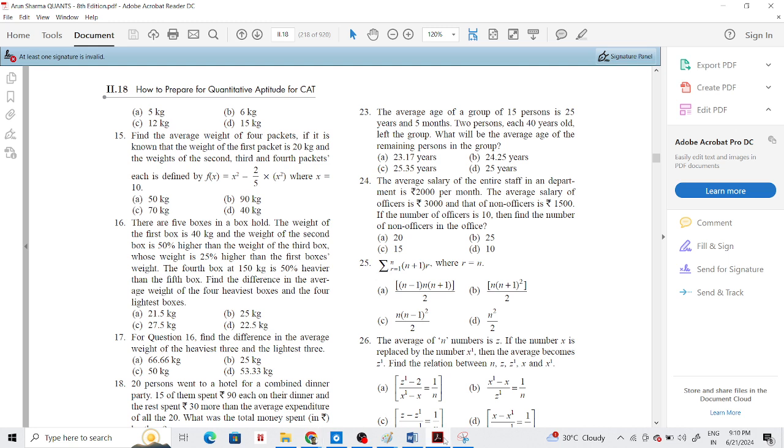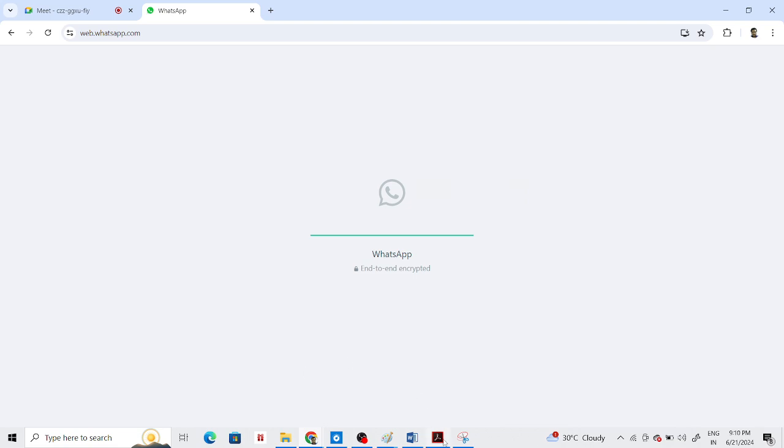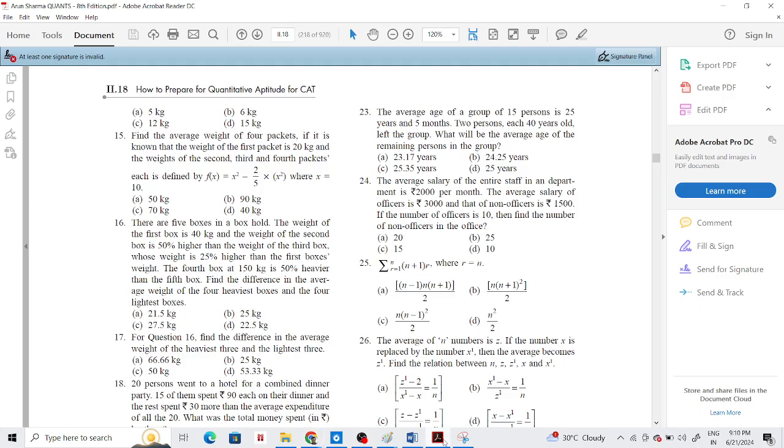Find the average of 4 packets. Did you get the sum, Ishika, Niladri, from Arun Sharma?